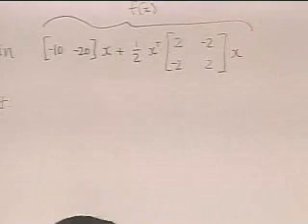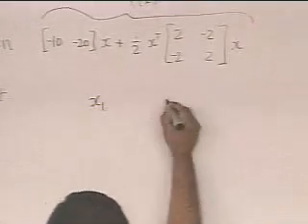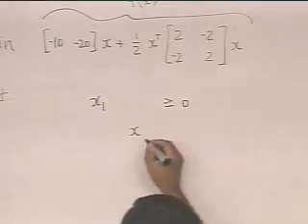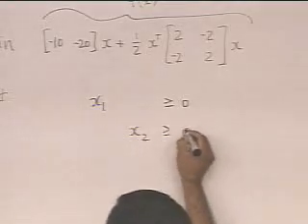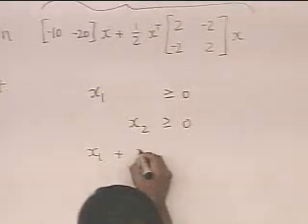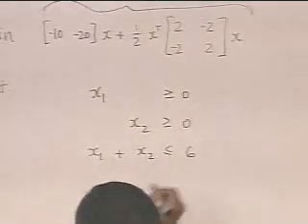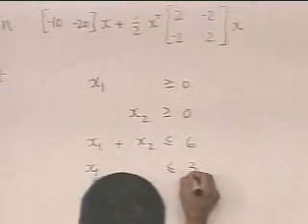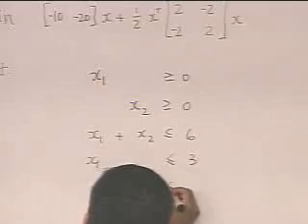So the first constraint is x1 is greater than or equal to 0. The second constraint, the way I've written it over there, is x2 is greater than or equal to 0. The third constraint is x1 plus x2 is less than or equal to 6. The next one is x1 is less than or equal to 3. The next one is x2 is less than or equal to 3. This is the order in which the constraints appear there.